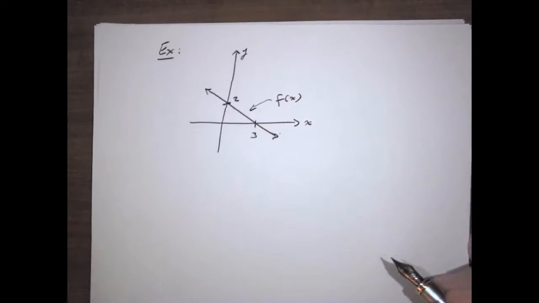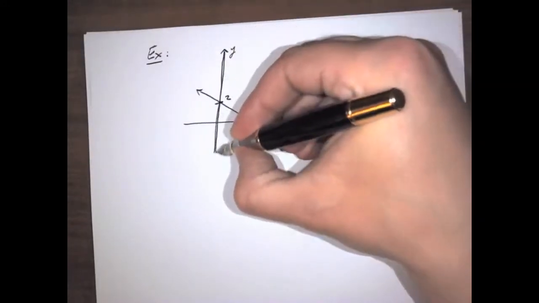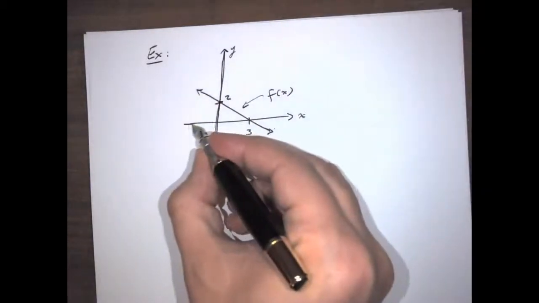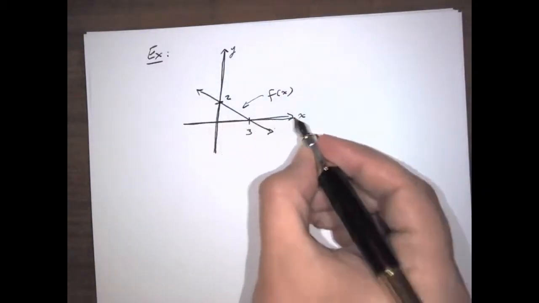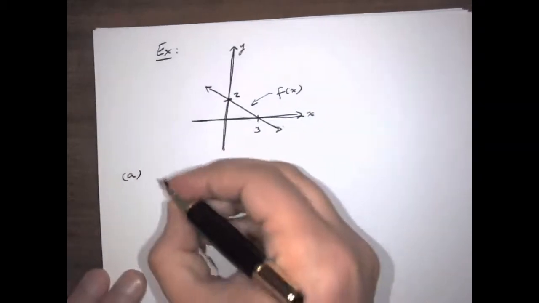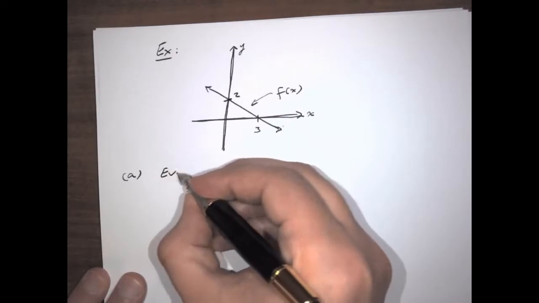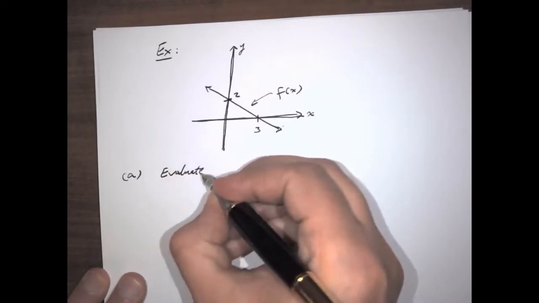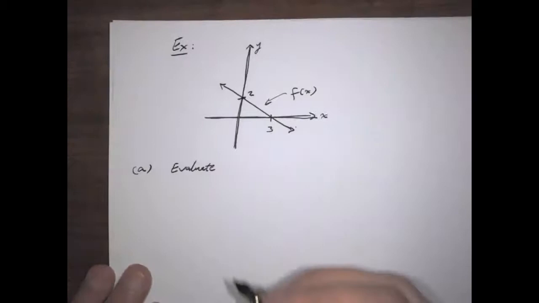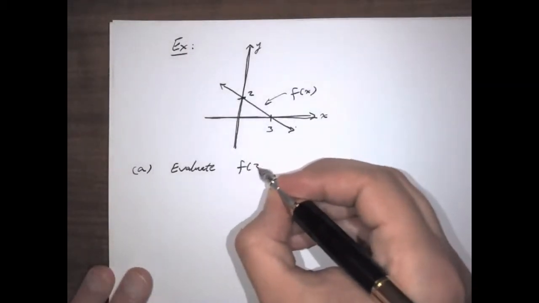Now there are two sides to the function coin. There is evaluating and there is solving. So let's say that we wanted to just find, or in other words evaluate, f of 3.